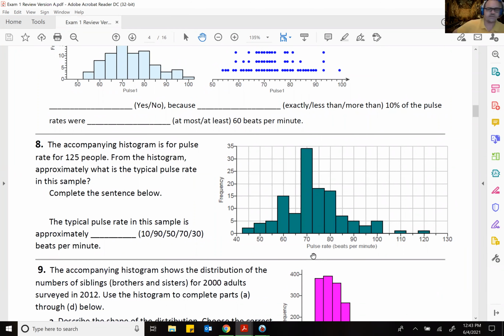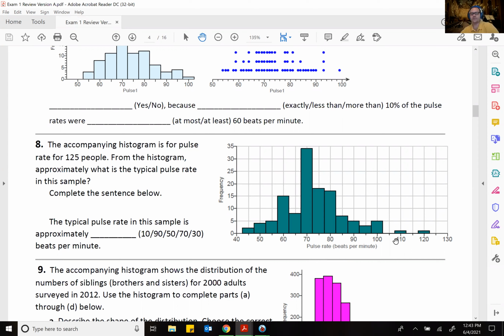So the accompanying histogram is for pulse rates of 125 people. From the histogram, approximately what is the typical pulse rate in this sample? The choices are 10, 90, 50, 70, 30.